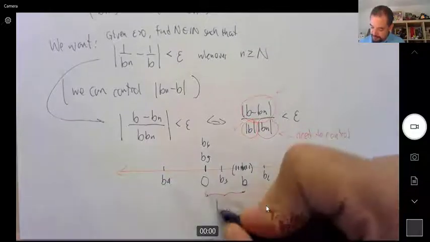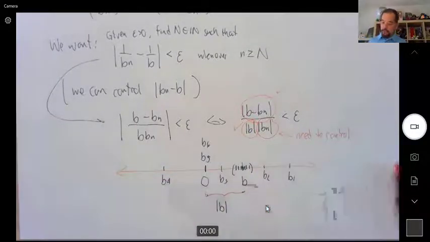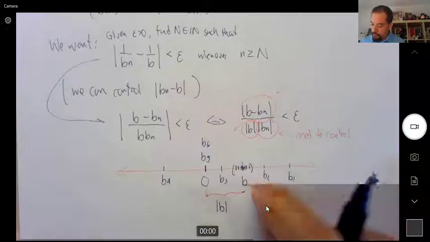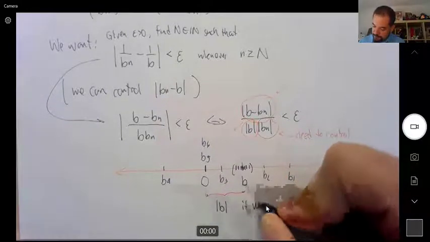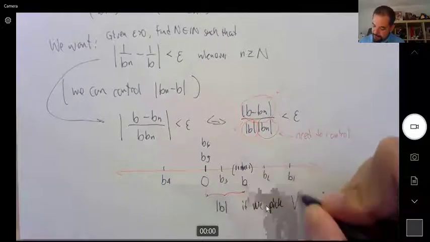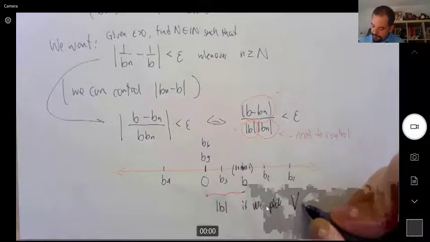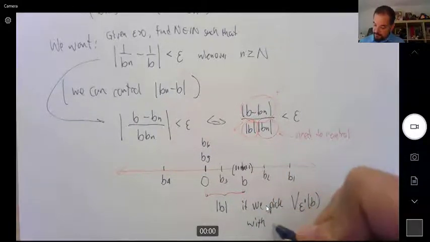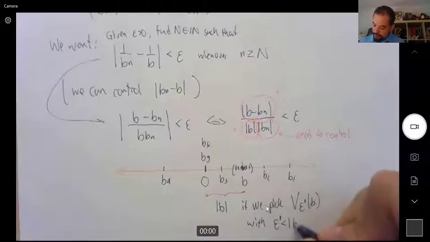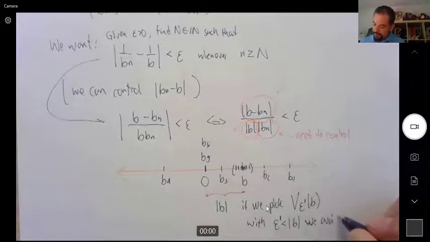That distance is the absolute value of B. Well, just pick your epsilon 1 to be smaller than that. If we pick an epsilon prime neighborhood around B, with epsilon prime smaller than the absolute value of B, we avoid the zeros.